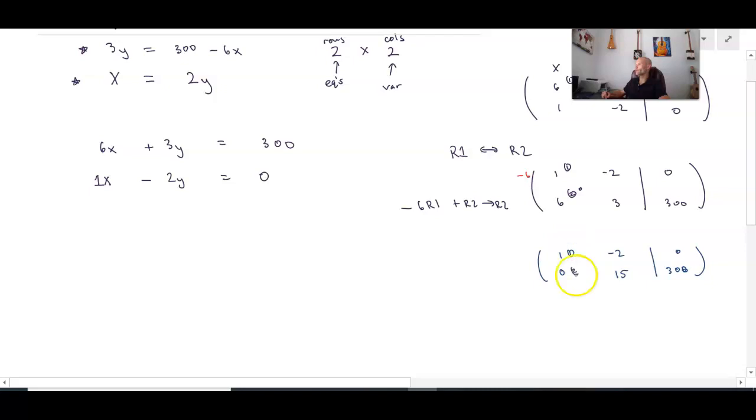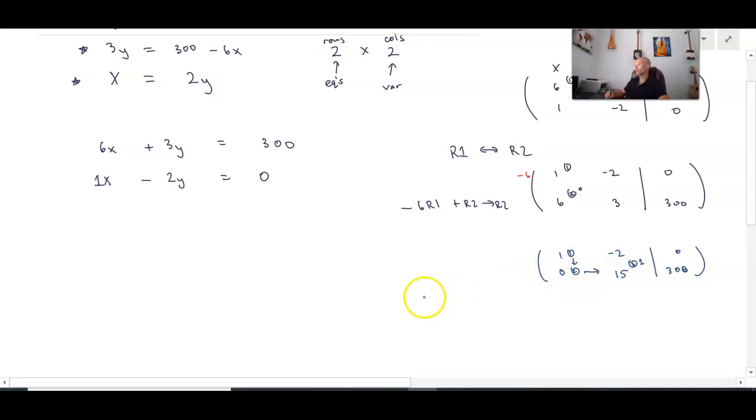I now have the 1, 0 structure in that first column, and now I want to move inwards this way and focus on making this into a 1. Remember, we want the second row, second column, to have a 1 there so that the second row reads 0x plus 1y equals something. In other words, to get into the form y equals its value.